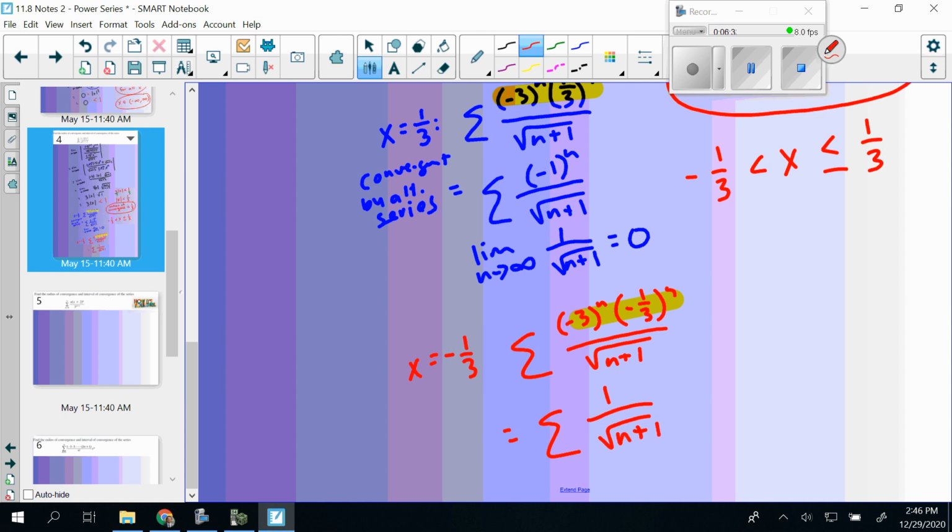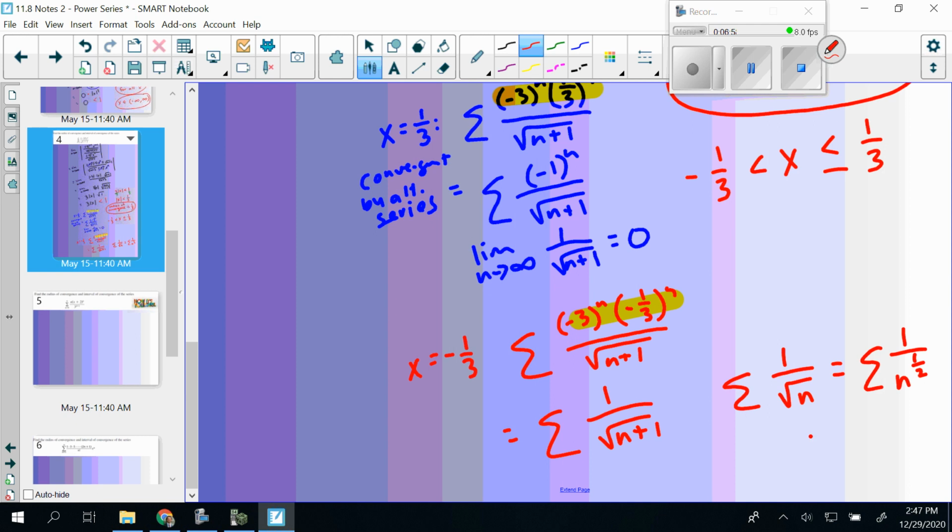Now to see if that one is converging or not, we would want to look at a similar series, which would be the series 1 over square root n, which is the same as 1 over n to the half. What do we know about that one?